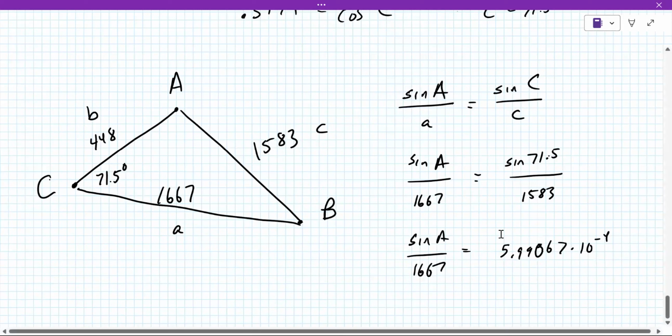Do you have an answer for what sine of A equals, or A itself? I got 0.998. Yes. And then you want to take the sine inverse of that.